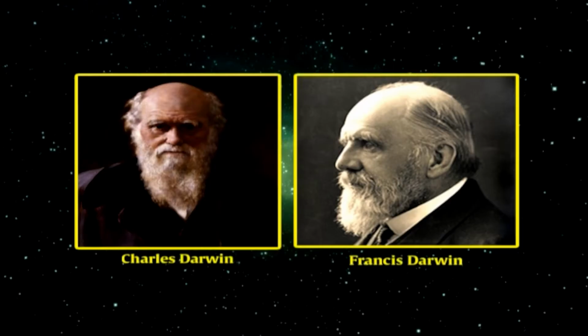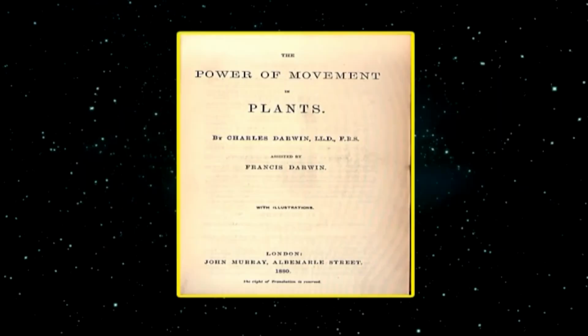In fact, more than a century ago, Charles Darwin, famous evolutionary biologist, and Francis Darwin, wrote a book entitled The Power of Movement in Plants in the year 1880. This book first of all recognized that plants, although rooted to the soil, exhibit a range of fascinating movements.